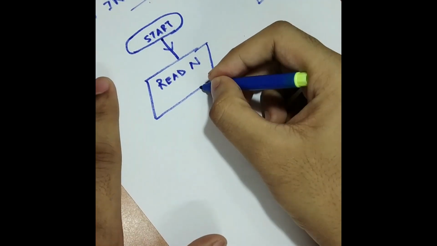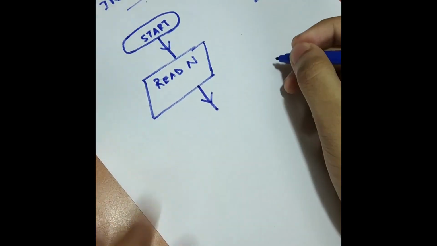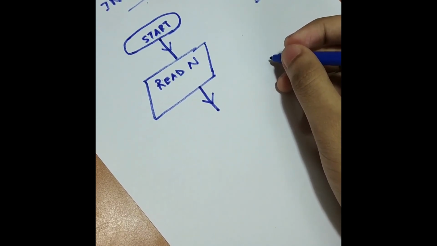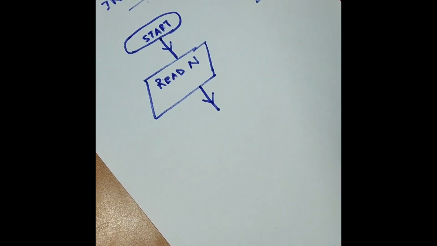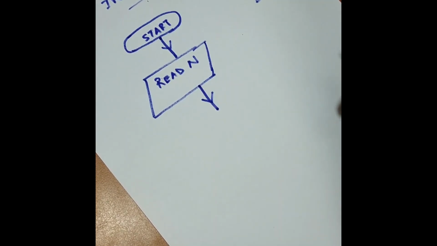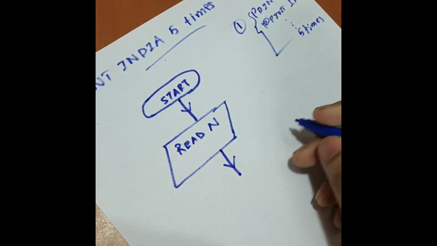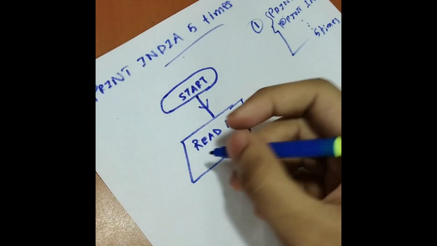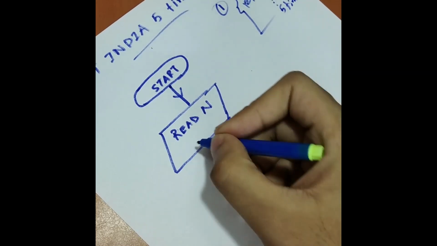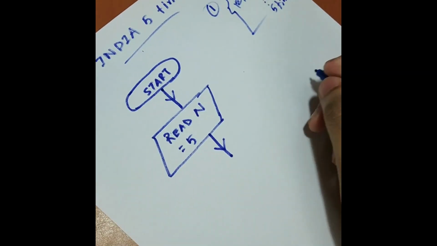Alright. Next is another flow line. Next flow line is the decision box. Now what is the thing? Let me give the example with 5 only. Like n is equal to 5. Like I have to print India 5 times, so read n equals 5.